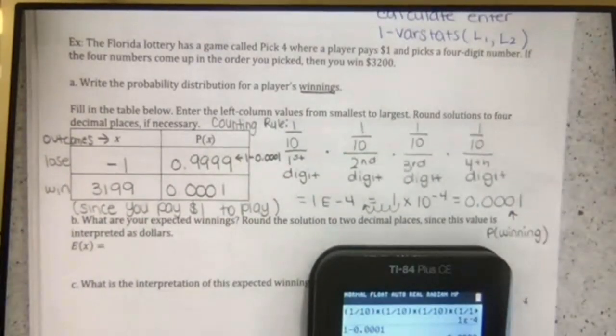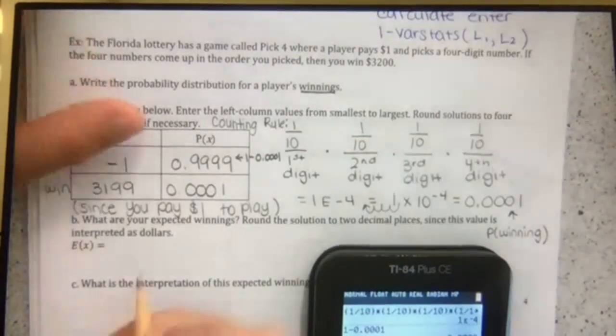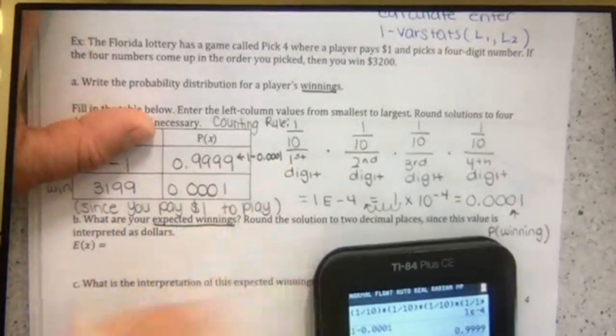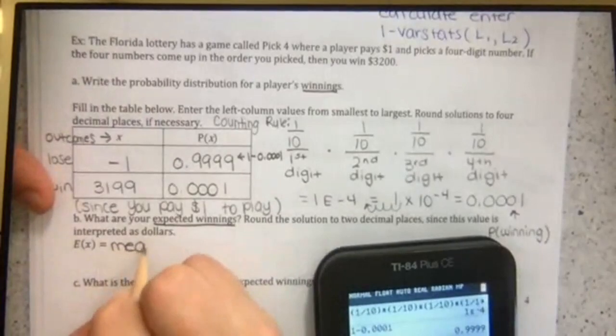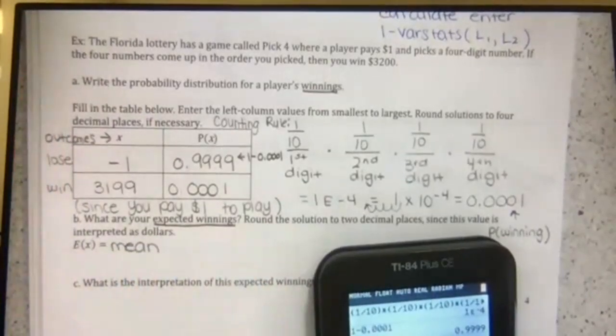All right, so B and C, it says, what are your expected winnings? Round the answer to 2 decimal places since the value is interpreted in dollars. So what is our expected winnings? Expected winnings is your expected value, your E of X, which is your mean, which you can plug into your calculator, but honestly, this one is easier to actually use the formula since it's so little.